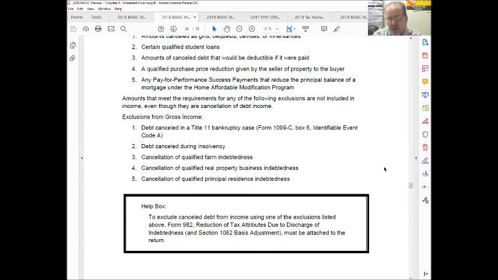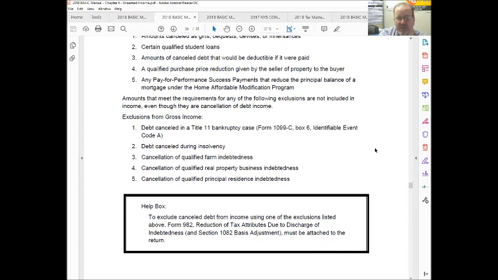Form 982, and when we get into one of the problems, I'll show you it in the tax software. Basically what it says is, yes, I had $2,000 in cancellation of debt, but the reason is I'm in bankruptcy or I'm insolvent, okay?